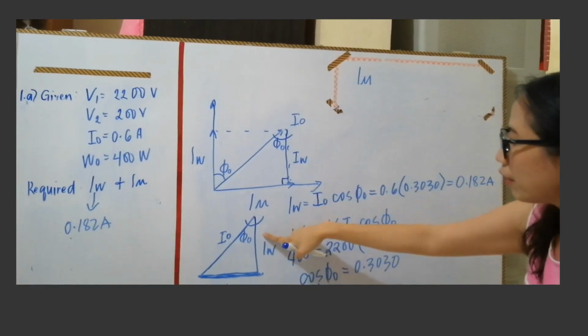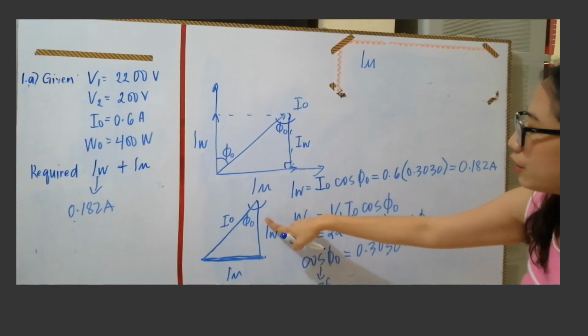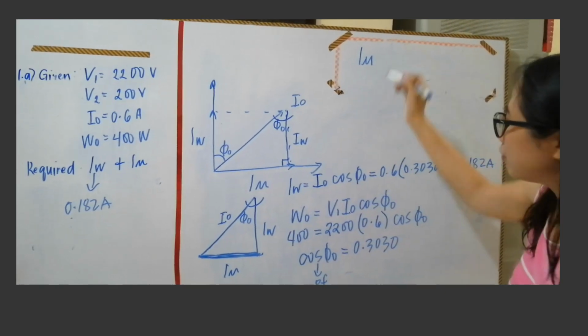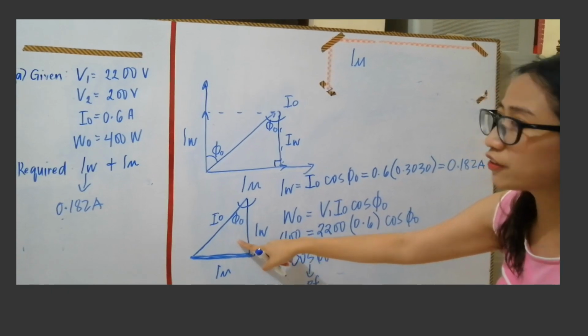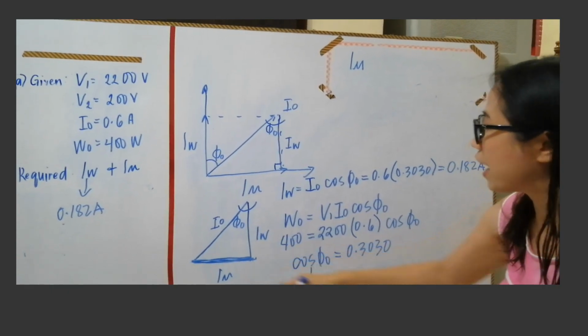Looking back to our figure earlier, we can use the Pythagorean theorem in solving for I sub mu.